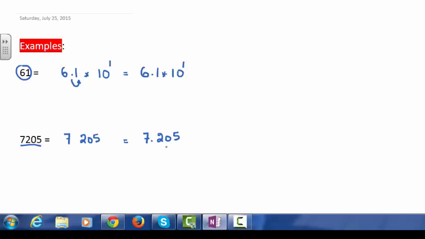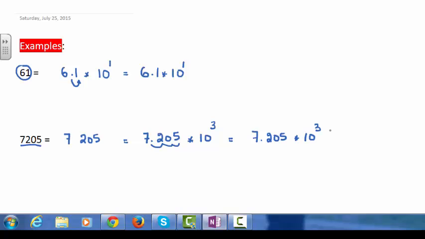I have to add them. Times 10 exponent something: I need to go 1, 2, 3 steps to the right to make it 7,205. That means 3 steps to the right, so 10 exponent 3. So the right scientific notation is 7.205 times 10 exponent 3. This is the right shape of scientific notation.